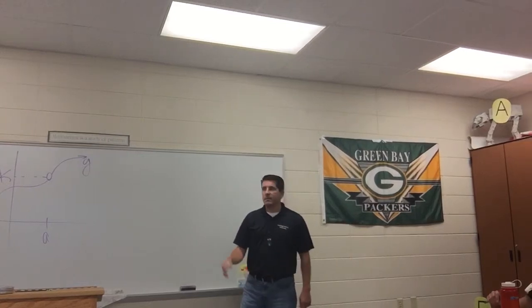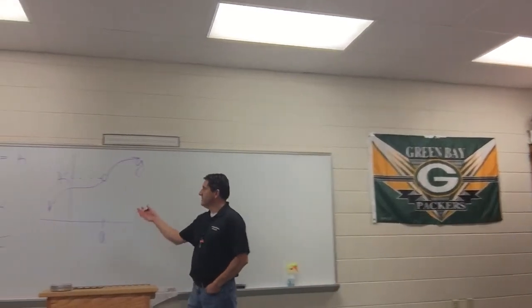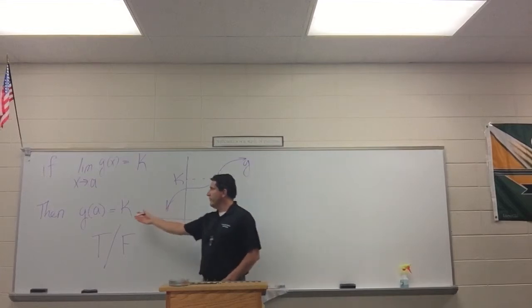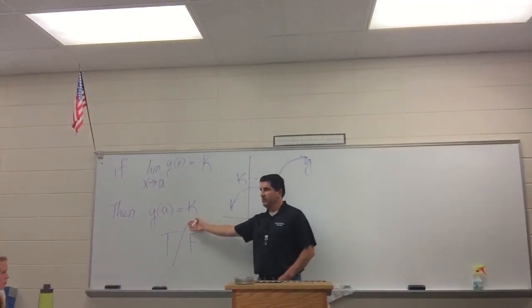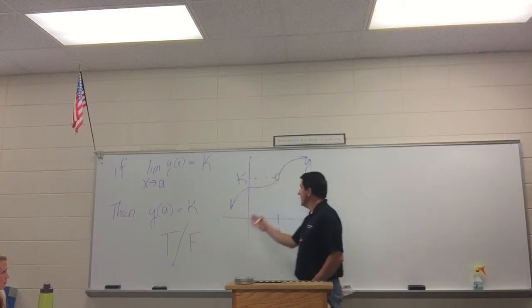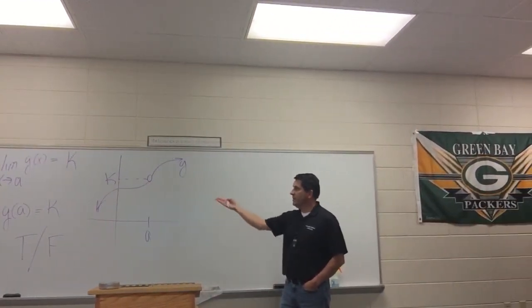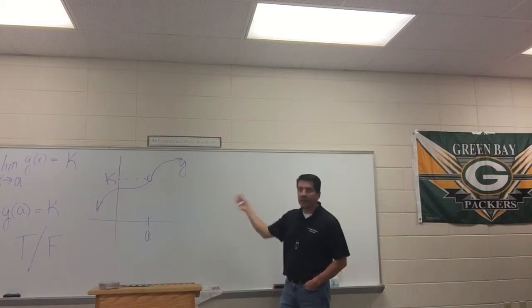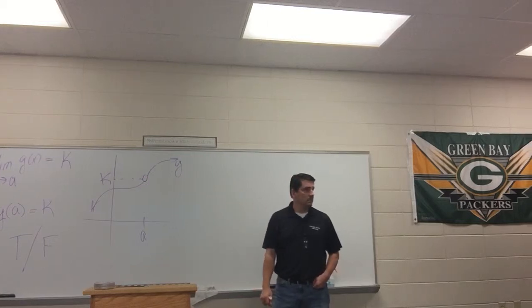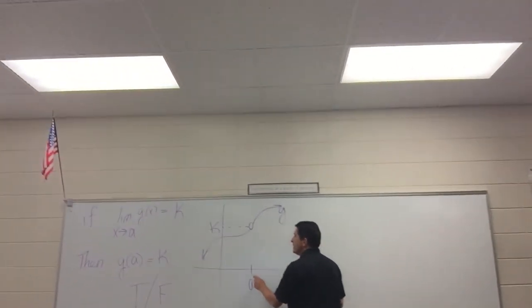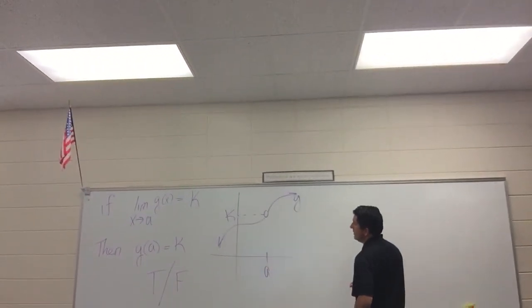This is what we would say is a counterexample that proves that this is false. Because we just found one scenario, hey, if it's this, then g of a is actually undefined. Okay. So when you're looking at limits, we've got to be really, really careful.